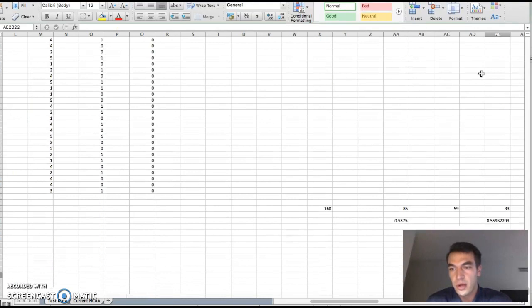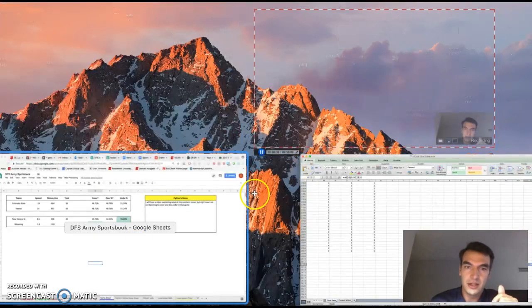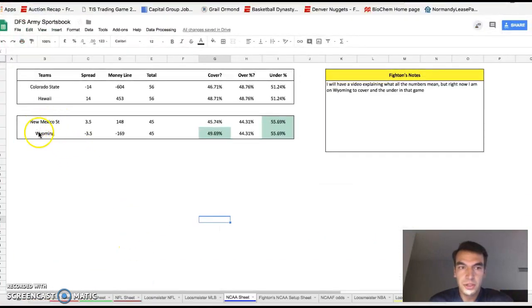For week 1, the ones that are better than 49%, we're going to see about 16 of those per year, and we hit 56% of those. So again, going back to our model, we should expect Wyoming to have a 56% chance to cover or better.